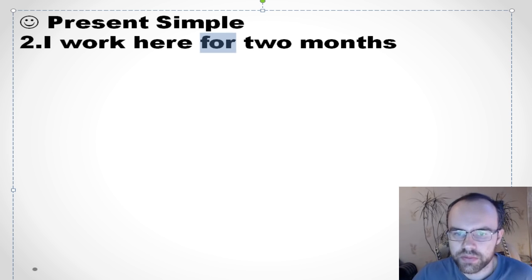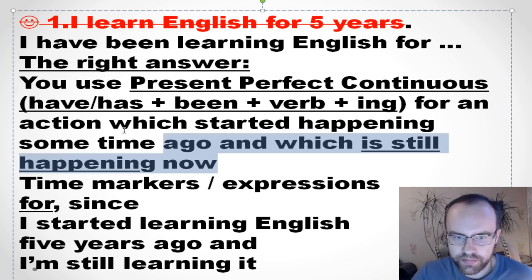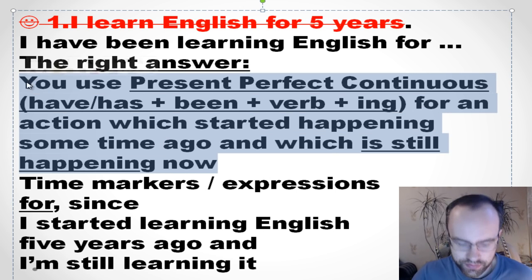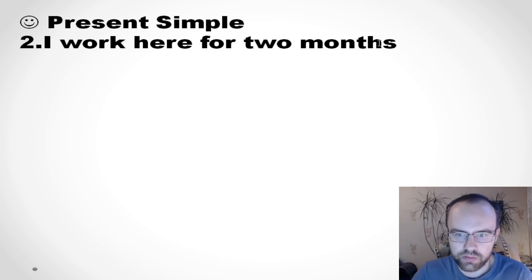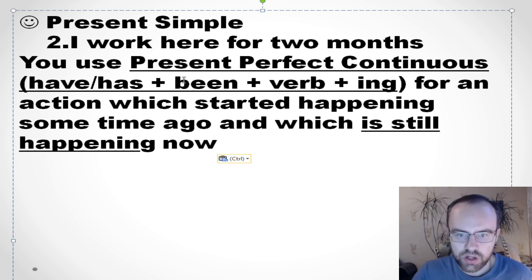And then you remember, when do we use present perfect continuous? So we have this rule, okay? You use present perfect continuous for an action which started happening some time ago and which is still happening now.